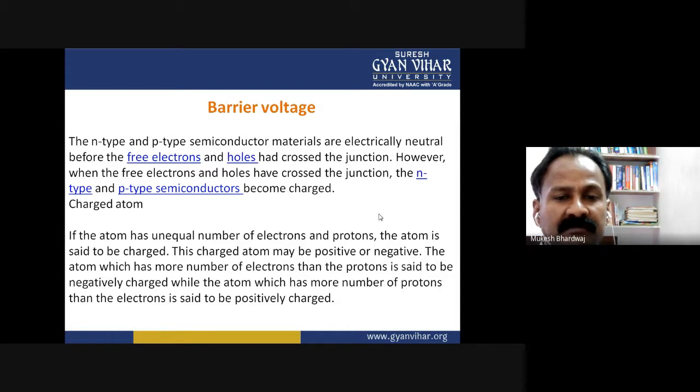This charged atom may be positive or negative. The atom which has more electrons than protons is said to be negatively charged, while the atom which has more protons than electrons is said to be positively charged.